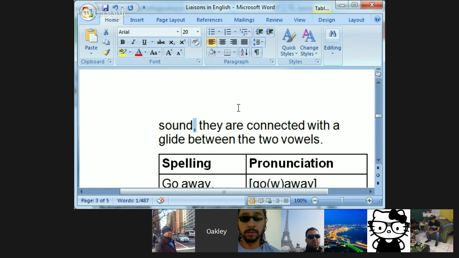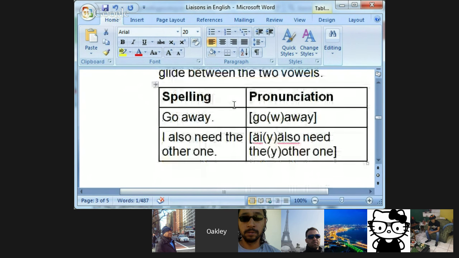So, being that we don't make these glottal stops, what we do is create a glide. Glides are, very simply, W's and Y sounds. For example, Heidi. Try this one.